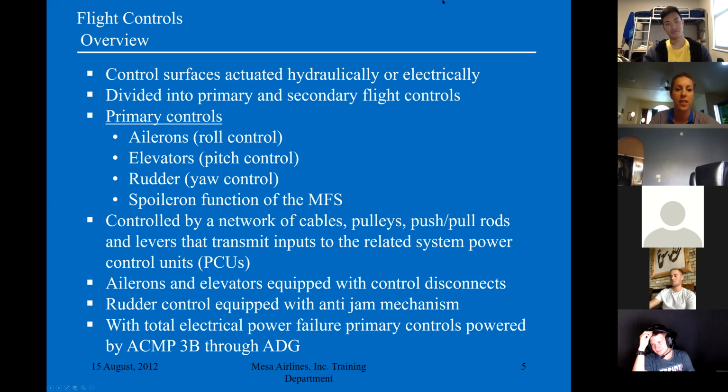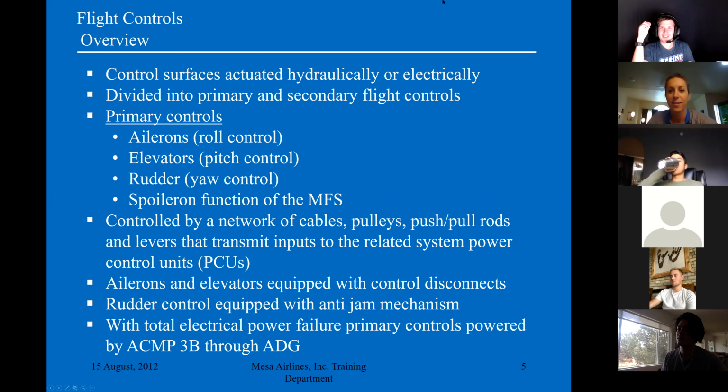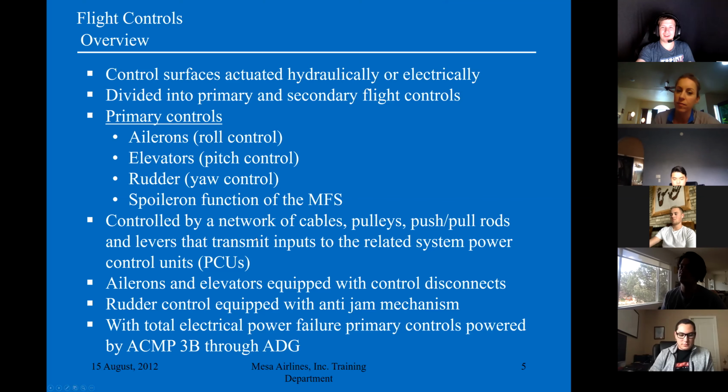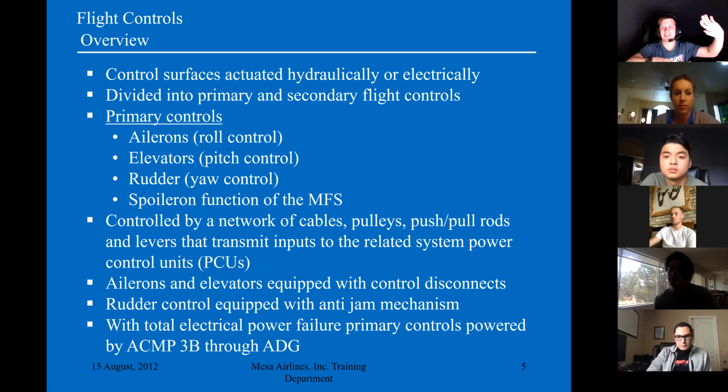Somebody that's done the CBTs, the spoileron function of the multifunction spoilers. Probably Hunter, right? I'm halfway through the CBT for this section, but the spoilerons just kind of assist in yaw and roll by creating drag on that side rather than deflecting air.